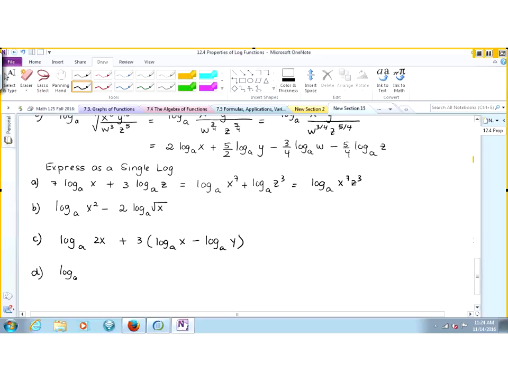And then D is log base A of 2x plus 10 minus log base A of x squared minus 25. All right. Okay, let me wait for you this time.